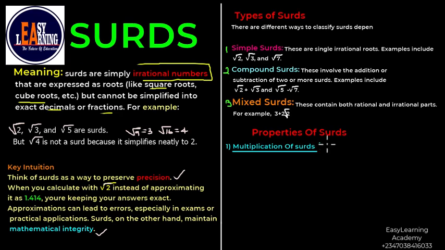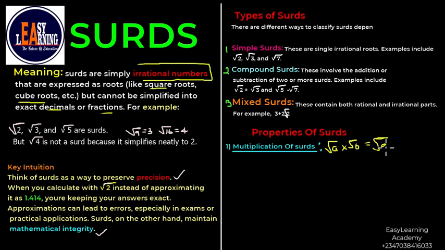Okay, for instance, if we have the square root of a, and we multiply it with the square root of b, we are going to have the square root of ab.